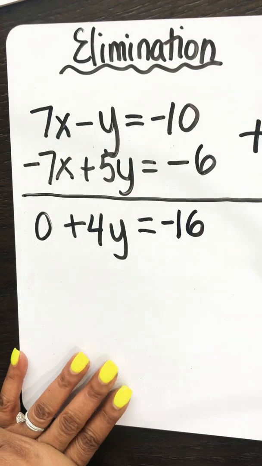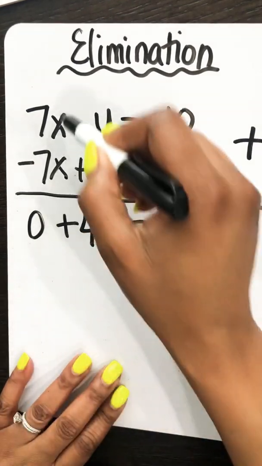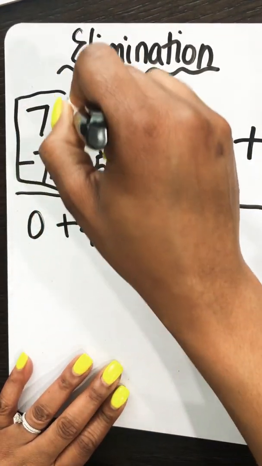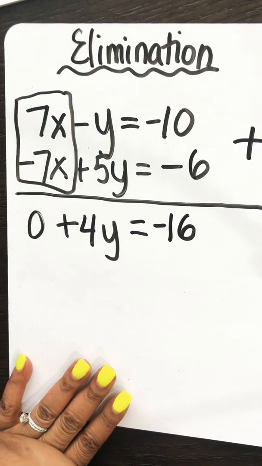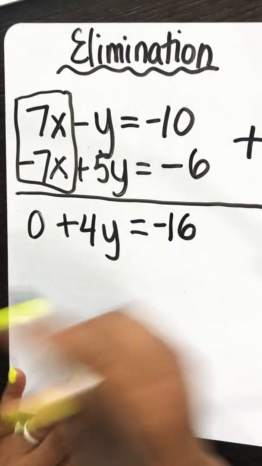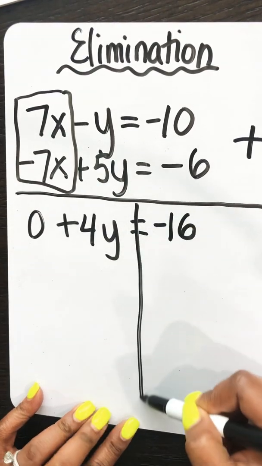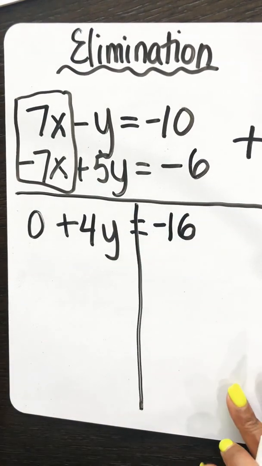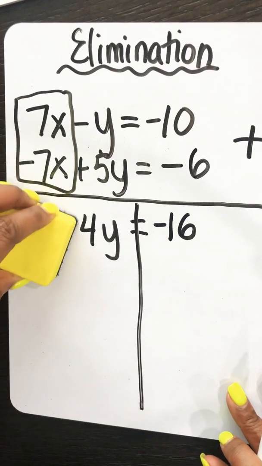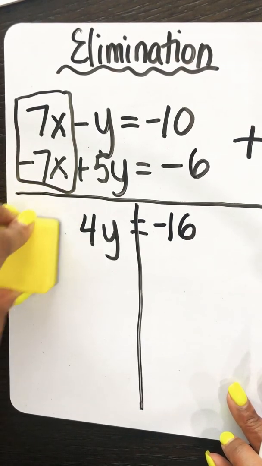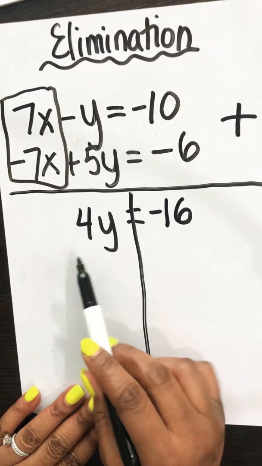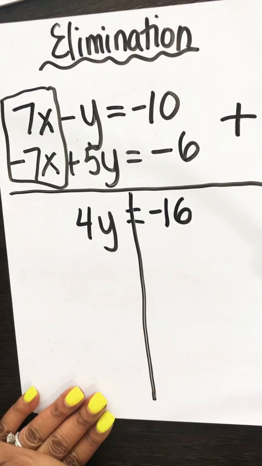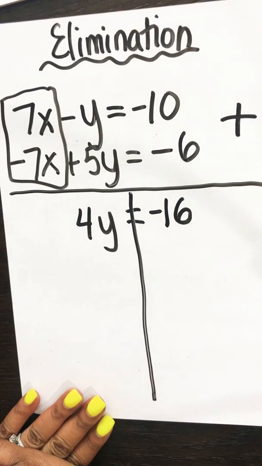So what we've done is we've just eliminated the x variable. The reason why we want to do that is because now we can solve for y. I'm going to go ahead and erase the 0 here because it's not needed. So now I am in a position where I can find y by solving an equation.